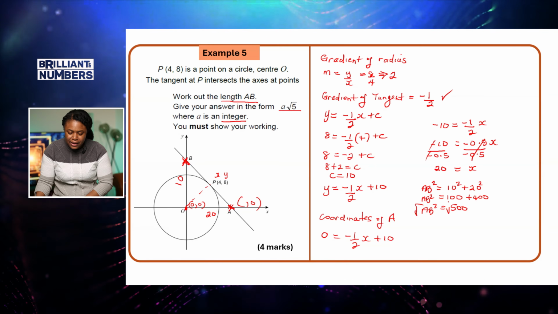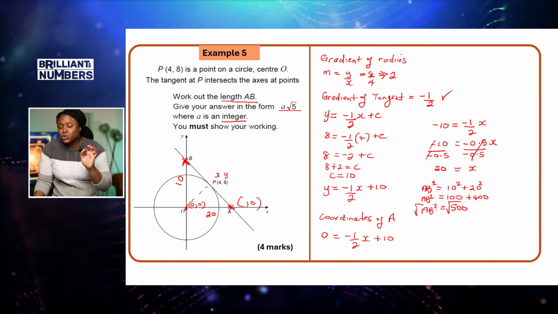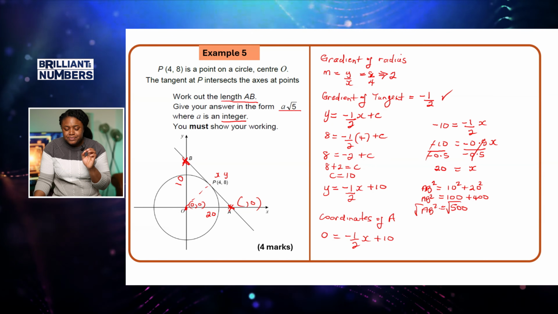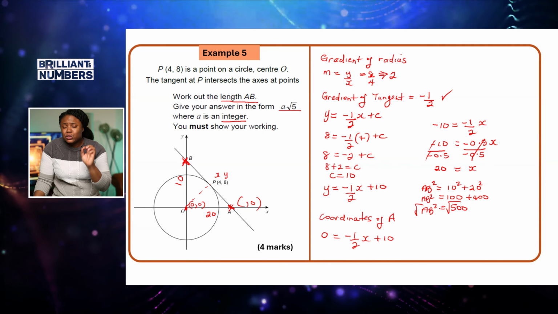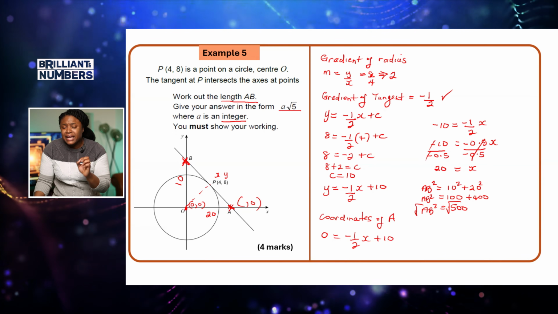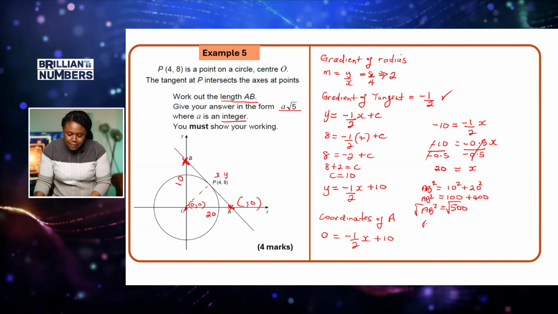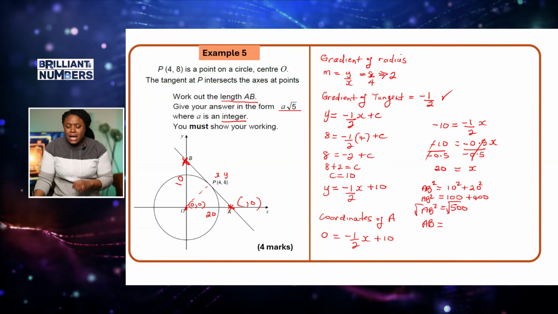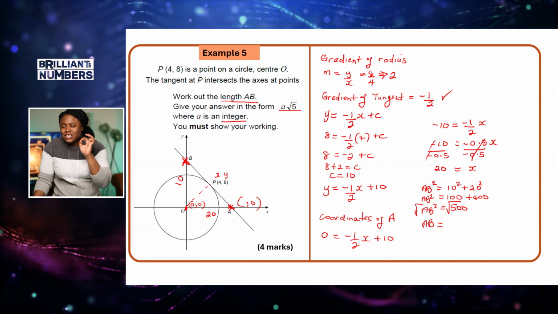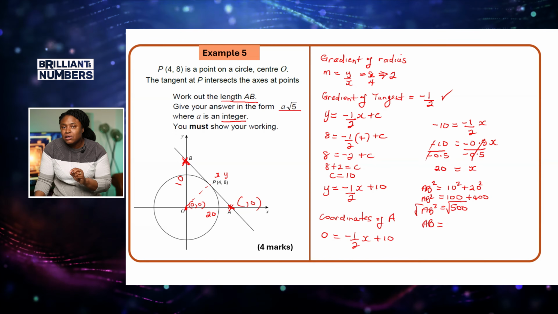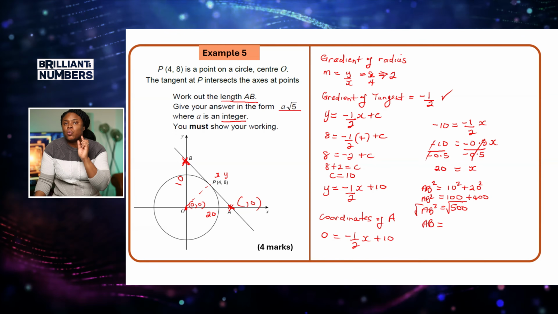We're almost there. Because we are asked to give our answer in terms of root 5, it simply means I need to use my surds. So AB would be equal to, I need to find the largest square number that's a factor of 500, which is 100.